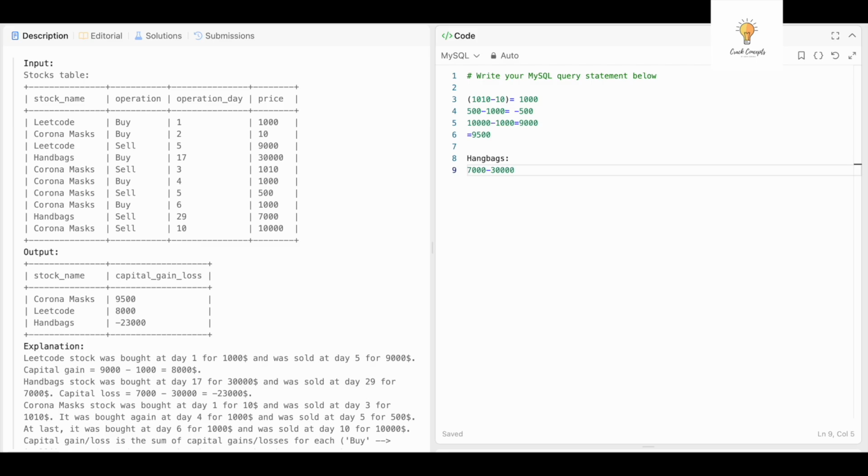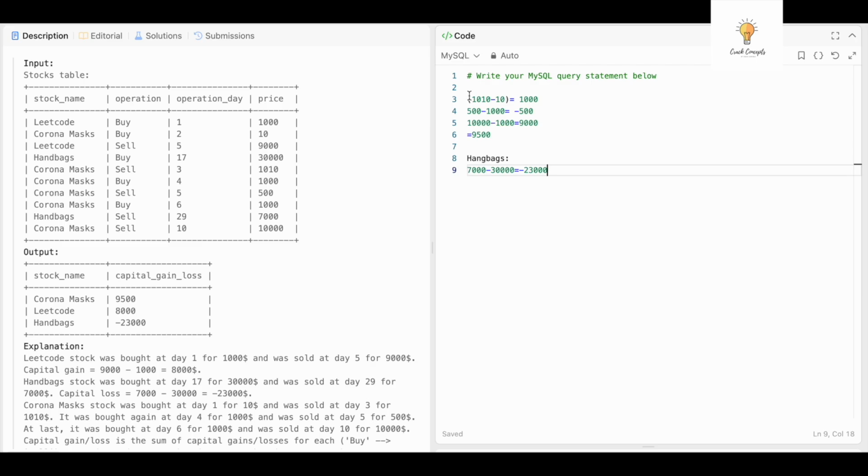So there was definitely a loss over here because we bought the stock at 30,000 rupees and we sold it at 7,000. So our capital gain or loss would be 7,000 minus 30,000, which would be minus 23,000, which is in our output. So we just need to figure out a logic to get this output.